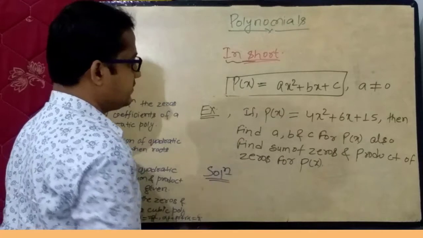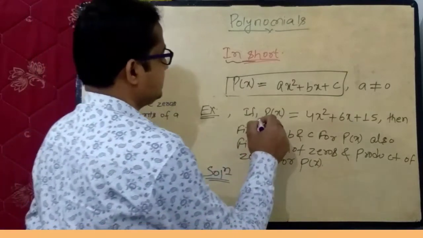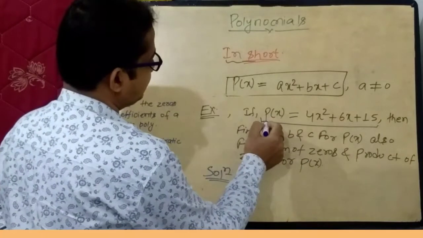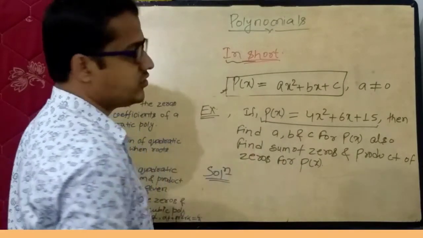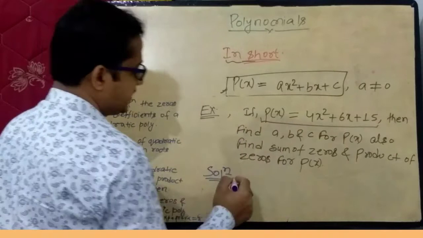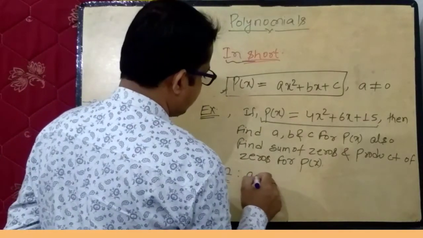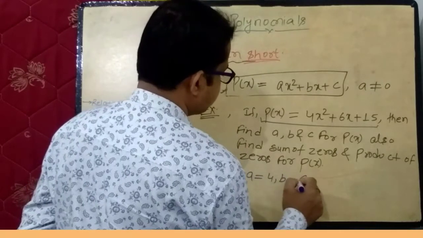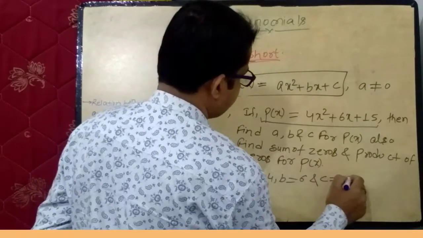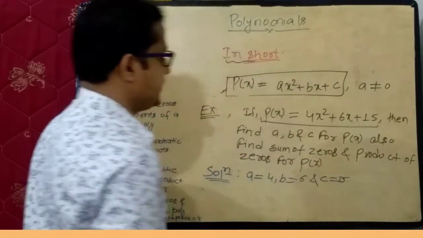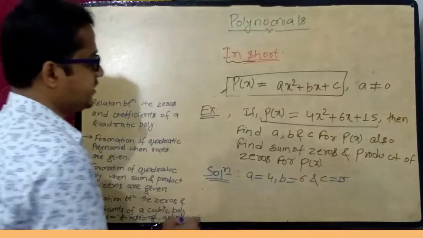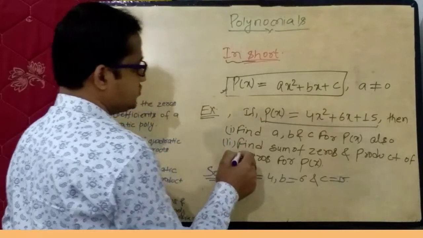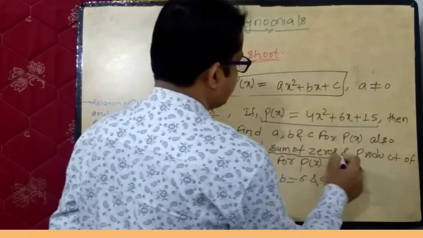It is given that p of x is a polynomial. While comparing this with the original form of a quadratic polynomial, you will get a equals 4, b equals 6 and c equals 15. Now what we have to find out? This was the first part of the question, and the second part is find the sum of zeros.